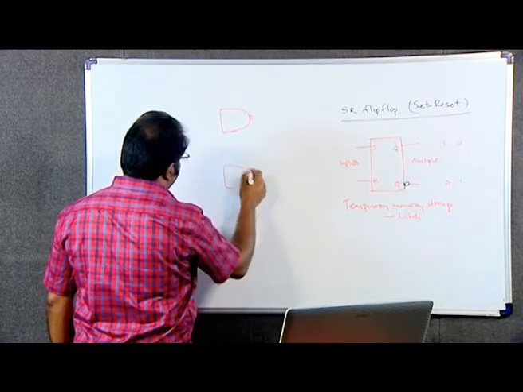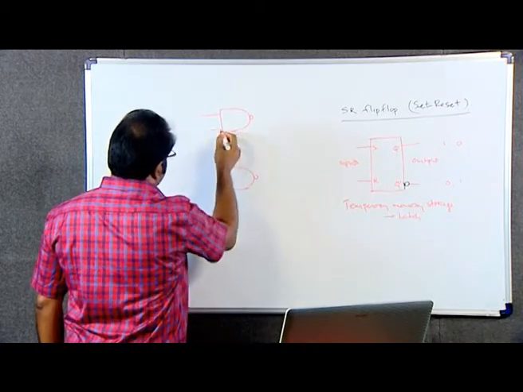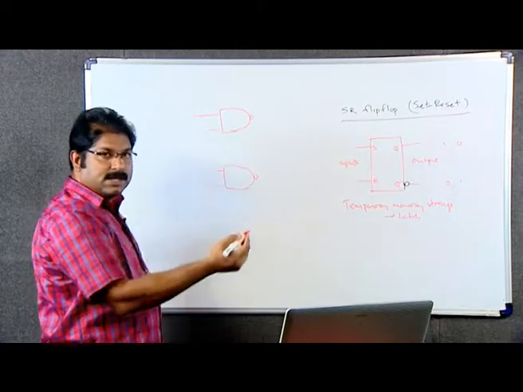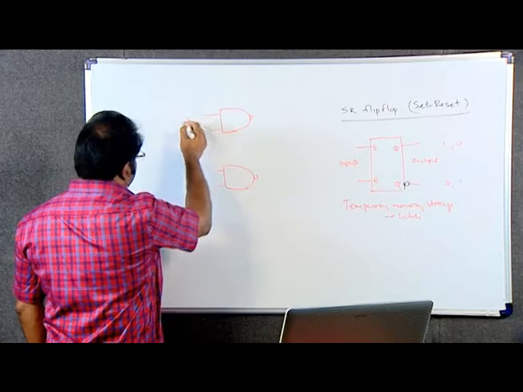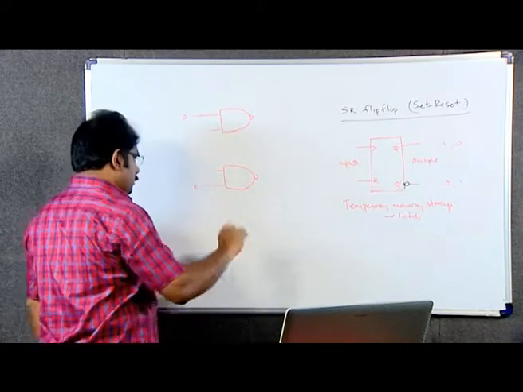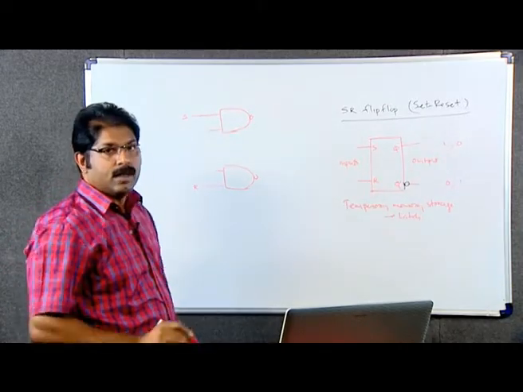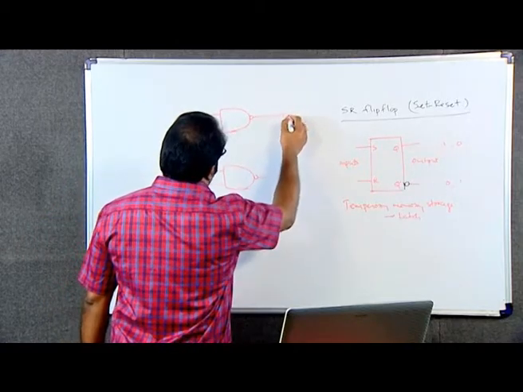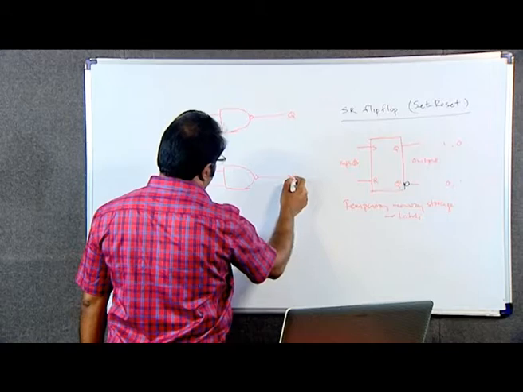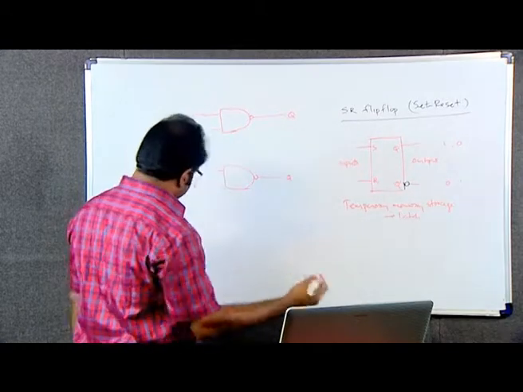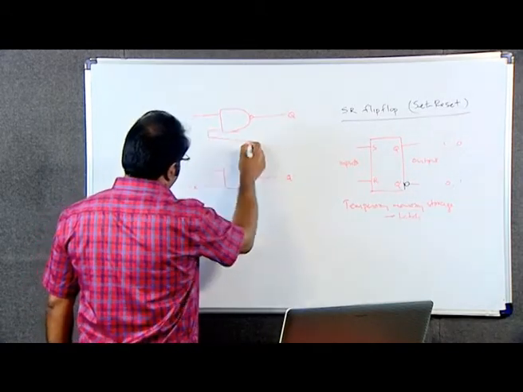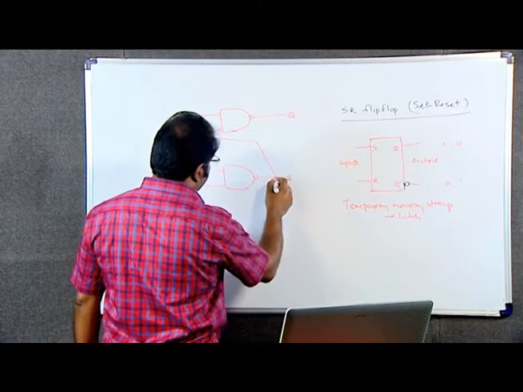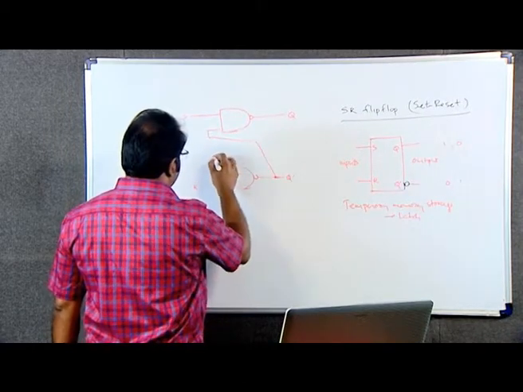These are the two NAND gates with two inputs, and one of the inputs is the set input and the other is reset. Again you have the outputs. The outputs are Q and Q complement or Q and Q prime. Once again you are taking the feedback from the output and giving it to the input.